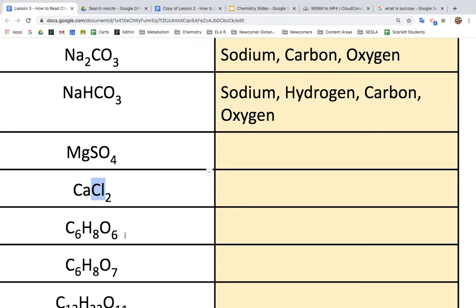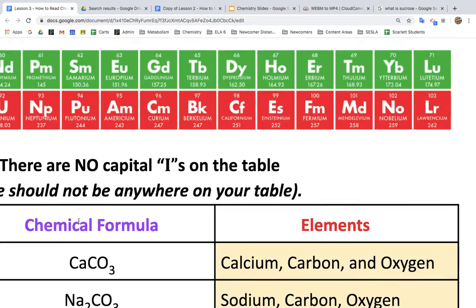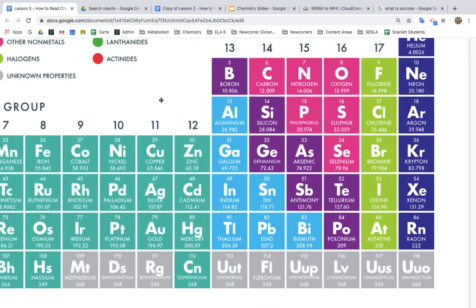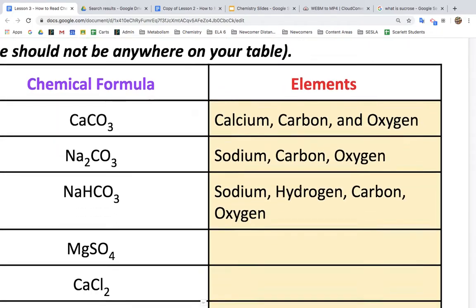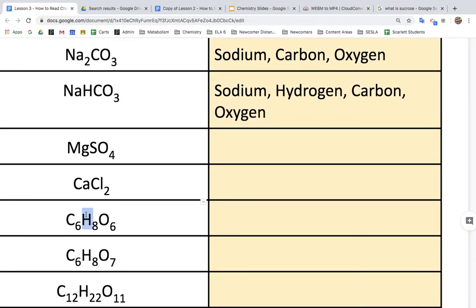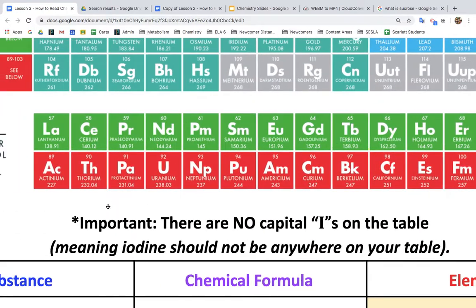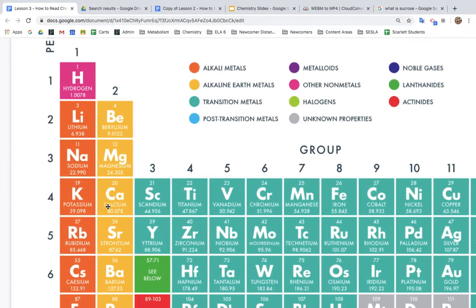Okay, now I've got C6. I'm just looking for a C. Look at my table for a C. I'll give you a hint. It's over here. Next, I have H. You might remember that one. We've already done it. But if not, I'll give you a hint.